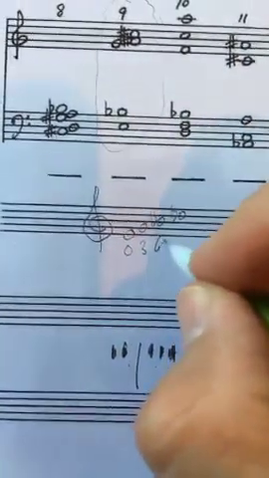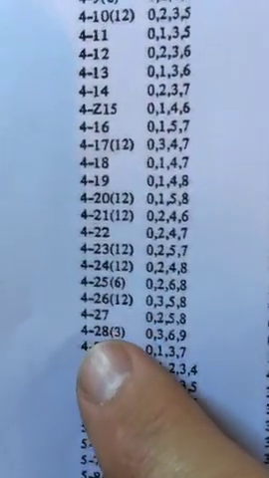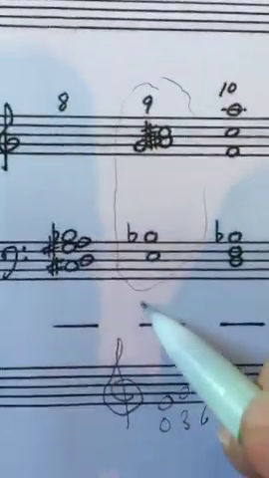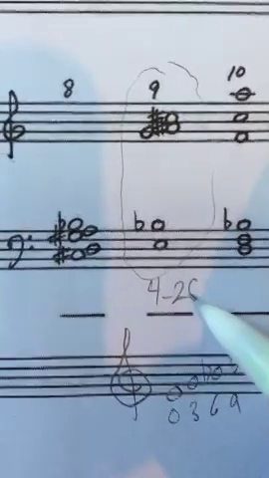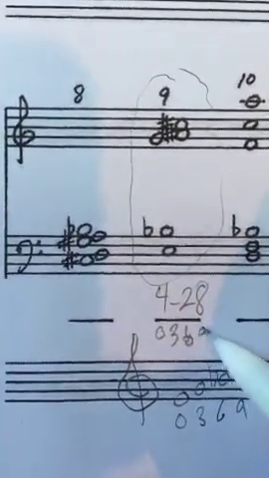That's 0, 3, 6, 9, which of course we know from our chart is right here, 4-28 or 0, 3, 6, 9. You can write it however you want, 4-28 or 0, 3, 6, 9, with the parentheses. I don't care.